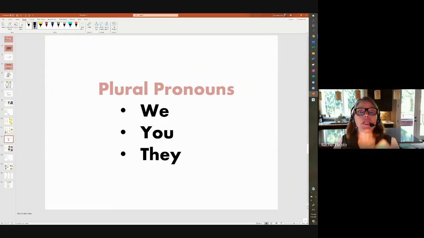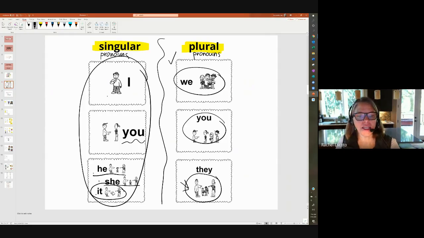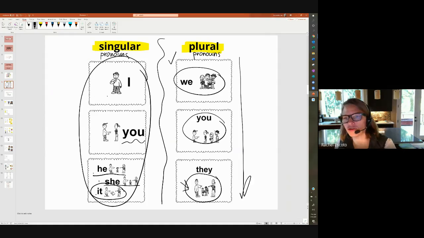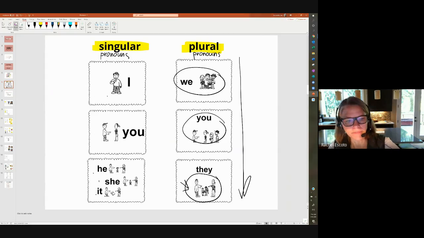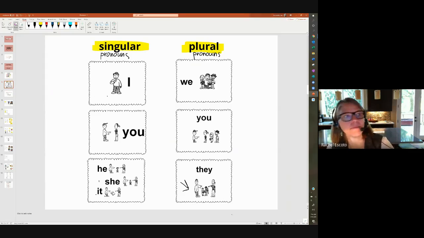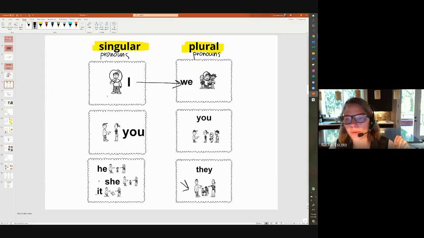All right, and then we have plural pronouns. Remember, we have singular: I, you, he, she, it, and then we have the plural pronouns, right? And they kind of go across because they're related. Let me erase a little bit and show you how. I goes to we because you can see this guy, he is still in the group, right?